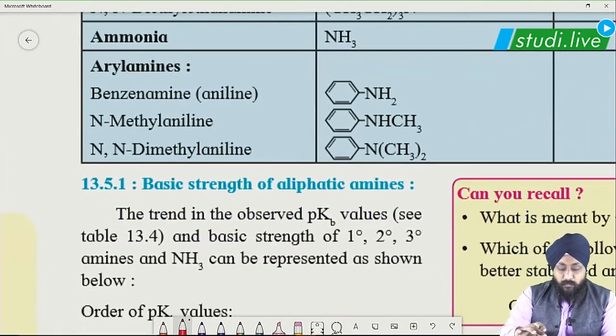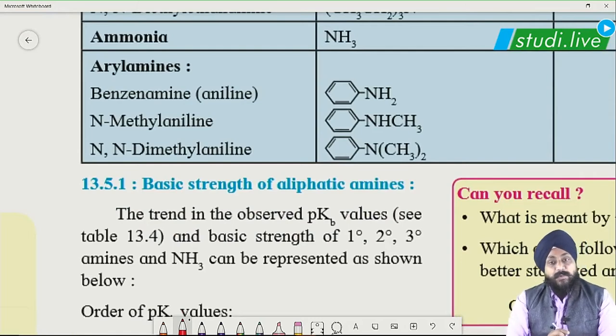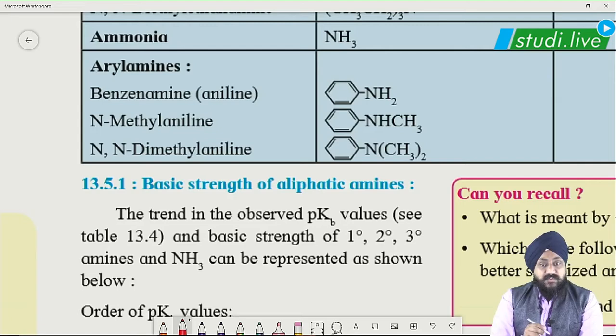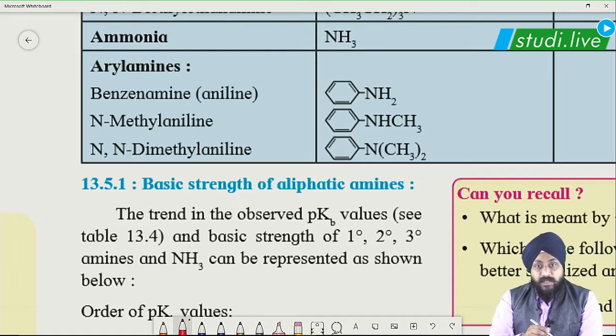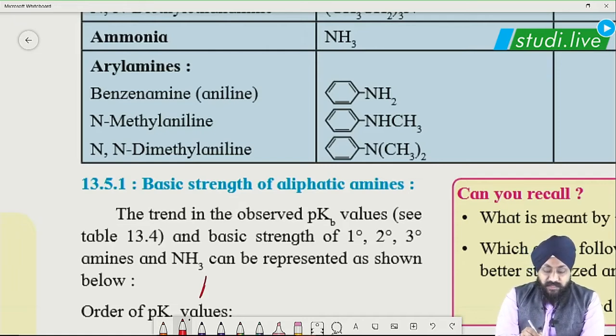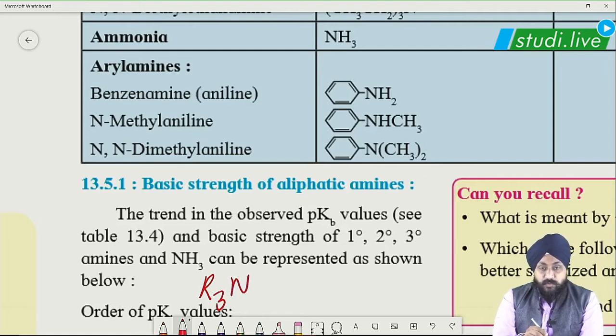Now students, we are going to compare the basic strength of aliphatic amines. N has a lone pair, and when it donates the lone pair, it is basic. If alkyl groups are attached to N, they donate electrons to N by positive inductive effect, so there are more electrons on N for donation.